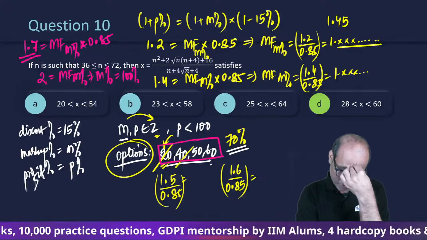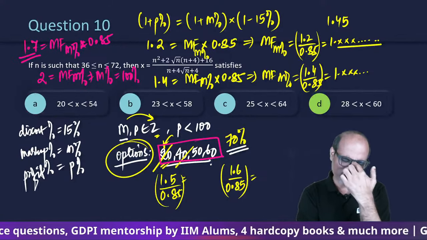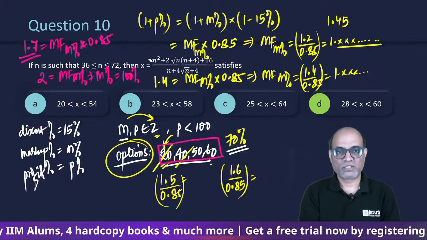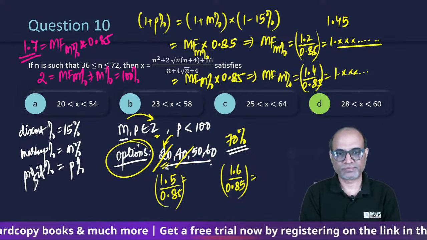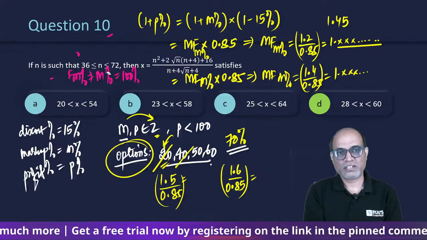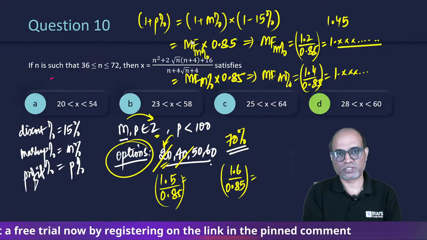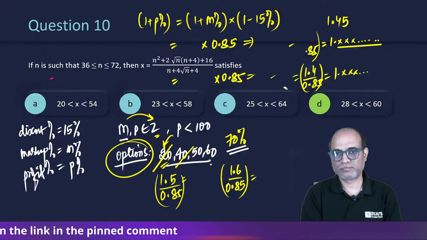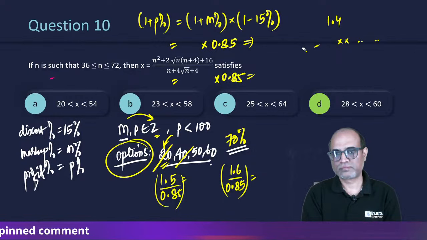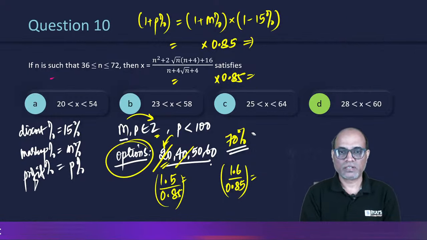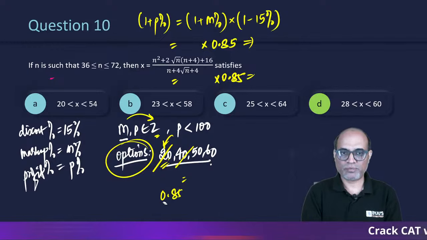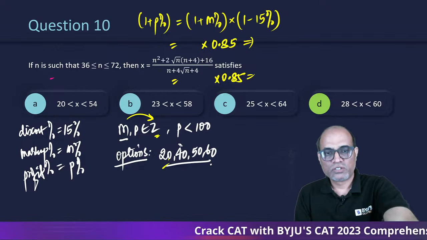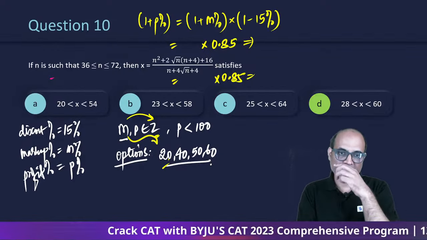Okay, sorry, I did it the wrong way around. The value of M was given, I took it as P. Sorry. Okay, let's go, if it was P then that could have been possible. So it's the value of M that they have given, right? These are the values of M.